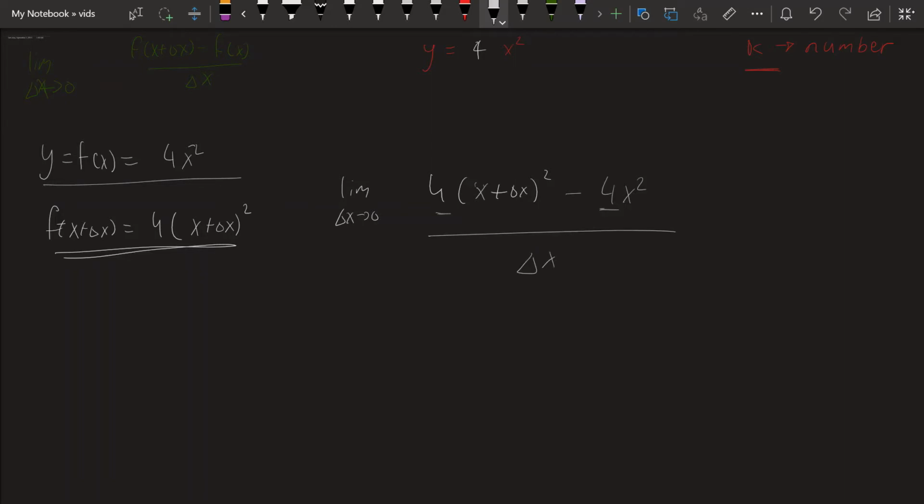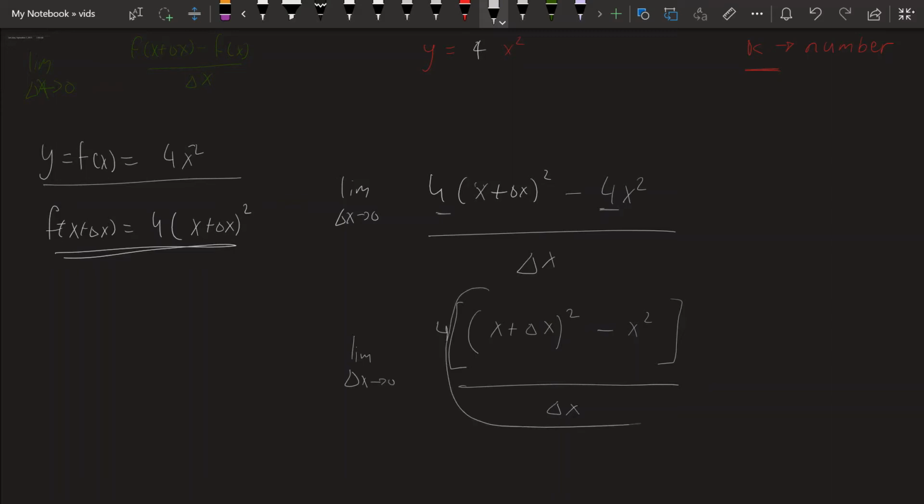Now, as you can see, we have 4 here and 4 here, so we can factor it out: x plus delta x squared minus x squared over delta x. And we have a limit as delta x goes to 0.